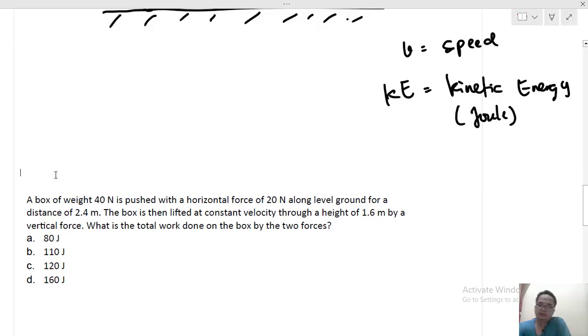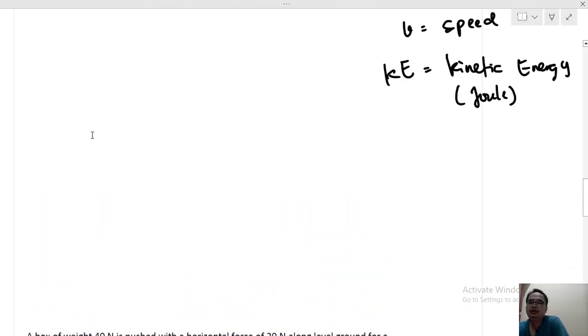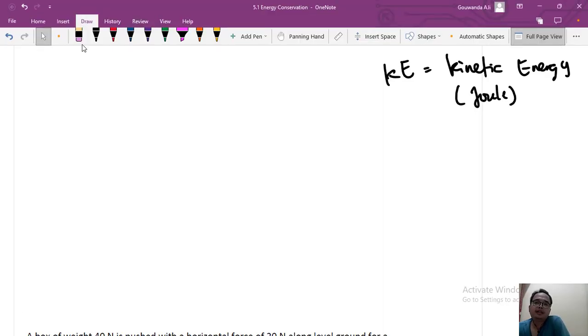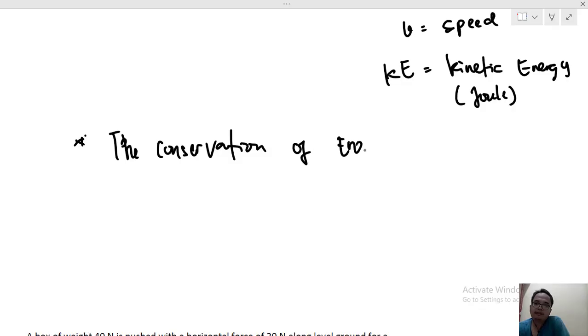Alright, and then the conservation of energy. What is the conservation of energy? I will give you an example. I will add another term, mechanical energy.